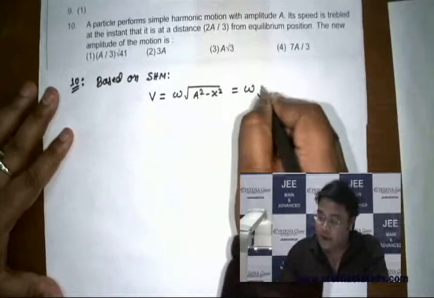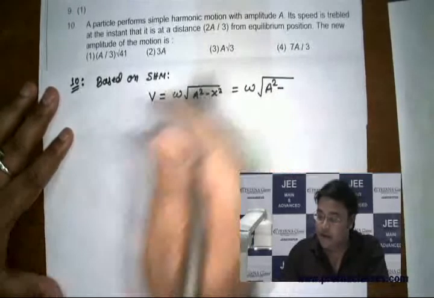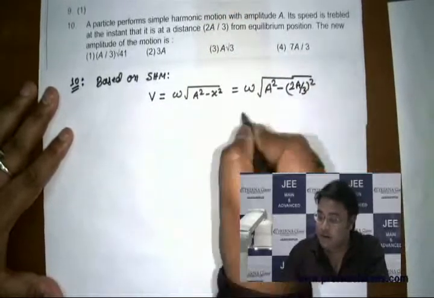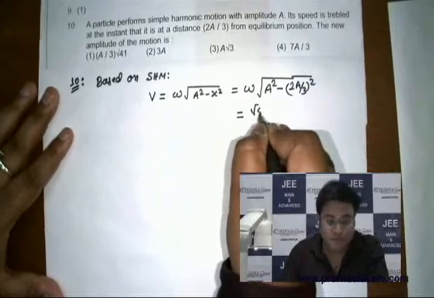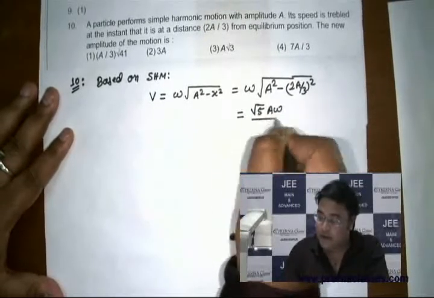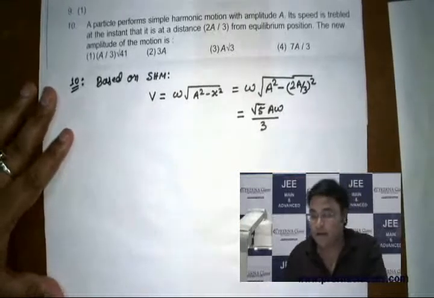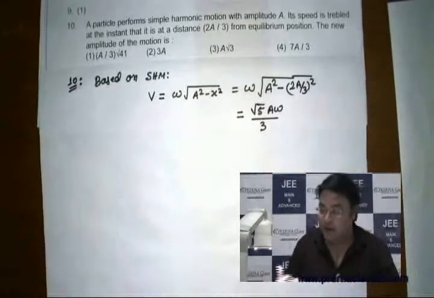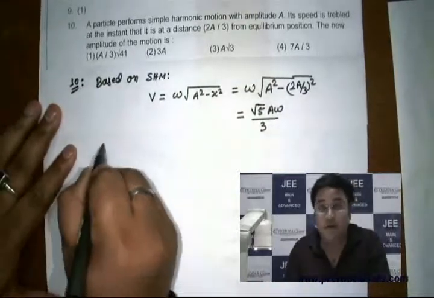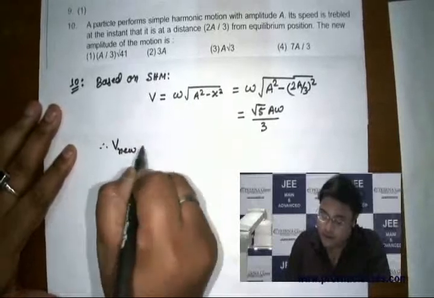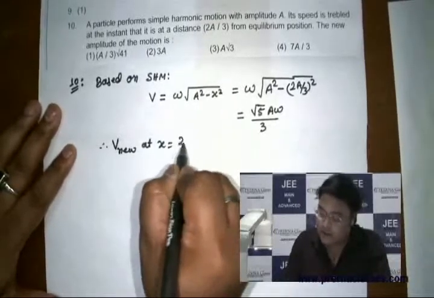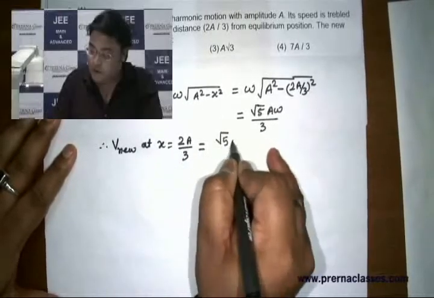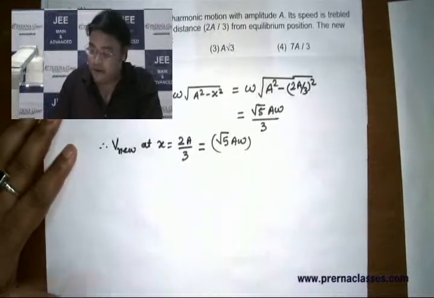So omega under root of a square minus (2a by 3) whole square, and it comes to root 5 a omega by 3. Clear? Now in the question, velocity now becomes 3 times. So what would be the new amplitude? So the new velocity at x equal to 2a by 3 equals root 5 a omega.